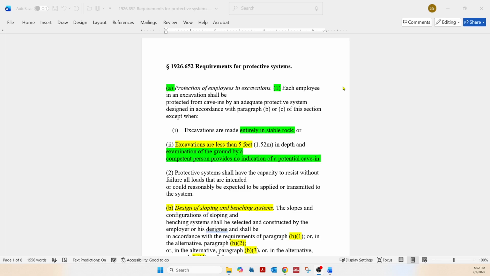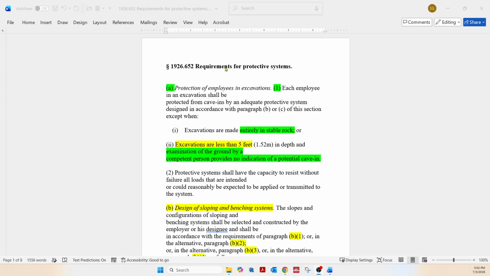In your assignment, your first question says, what does this rule say? When I say this rule, I'm talking about 652. That's the section we're talking about, and that's the requirements for a protective system. What does that rule say in general about employee protection, and what are the exceptions noted to this general statement?